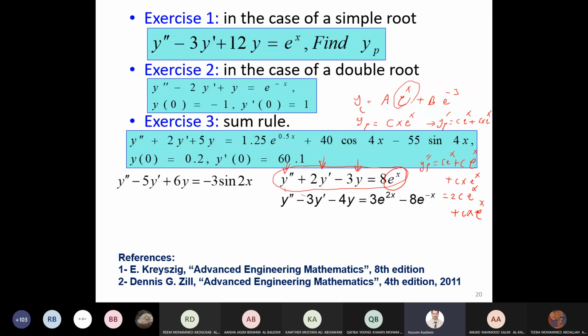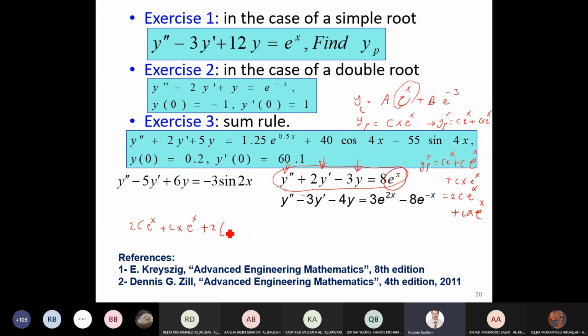Okay, let me solve it. y double dash means 2c exponential x plus c x exponential x, plus 2 multiplied by the y dash.